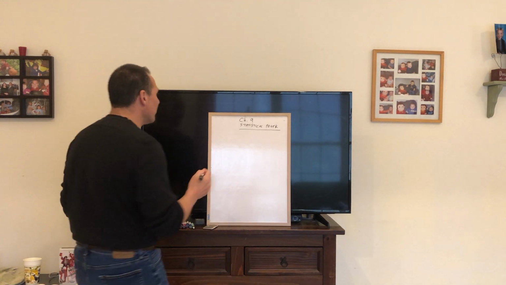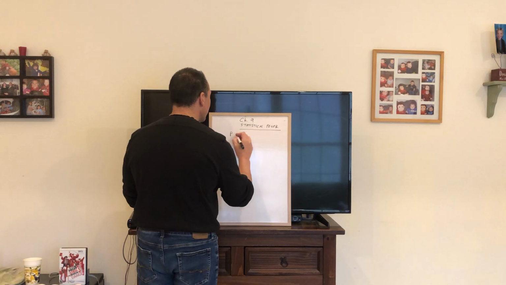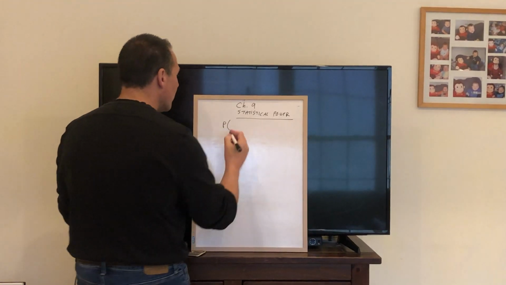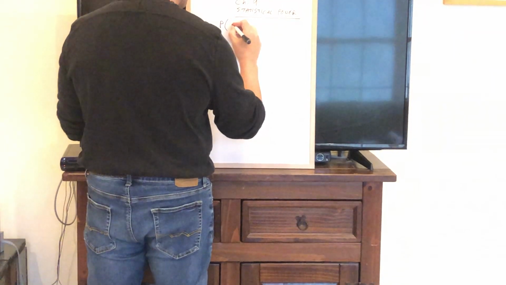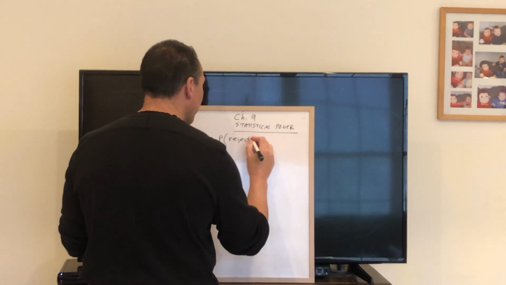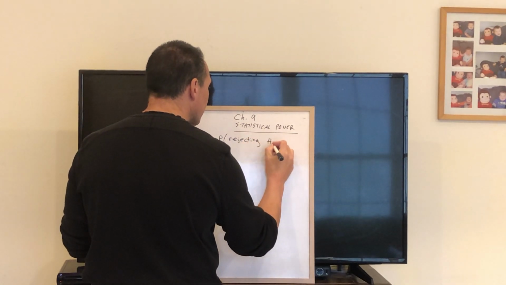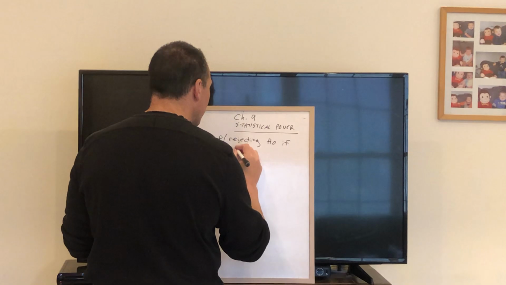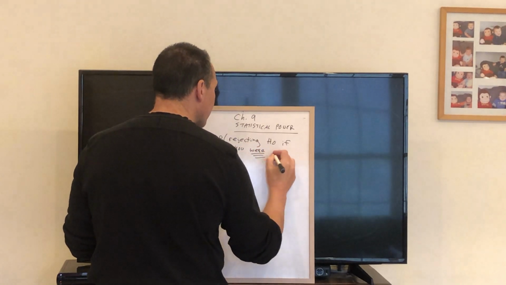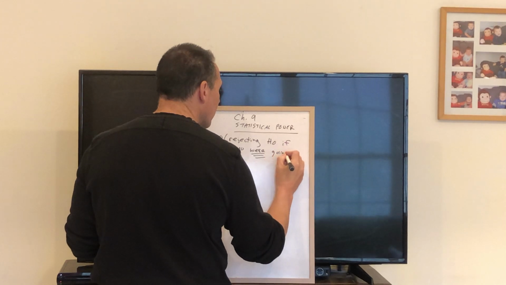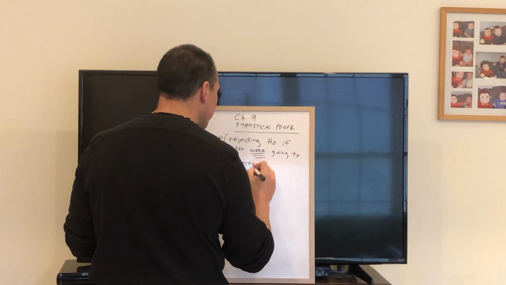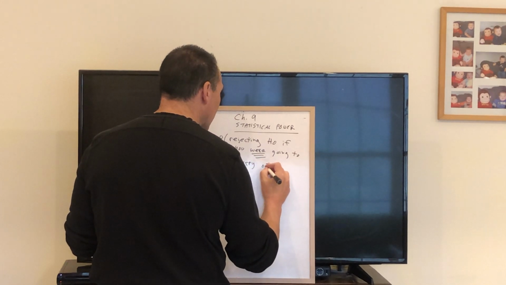Power can be thought of as the probability, and so P parentheses means probability, of rejecting the null hypothesis if you were going to carry out the hypothesis test.